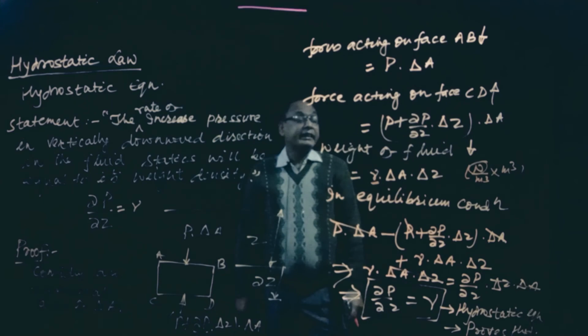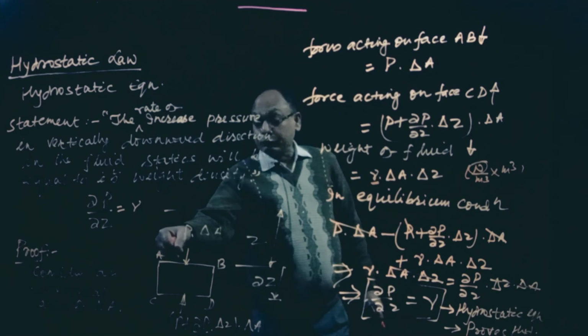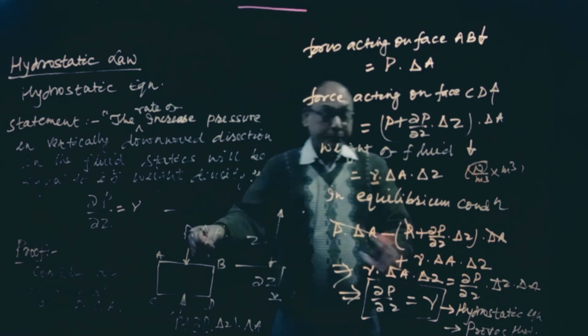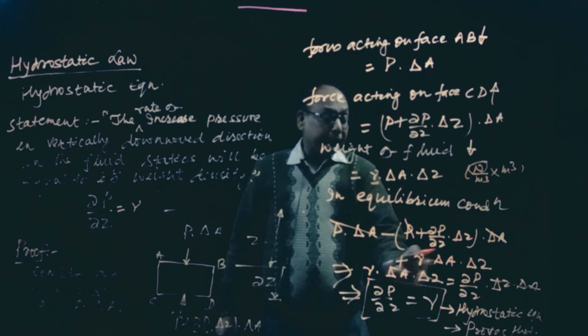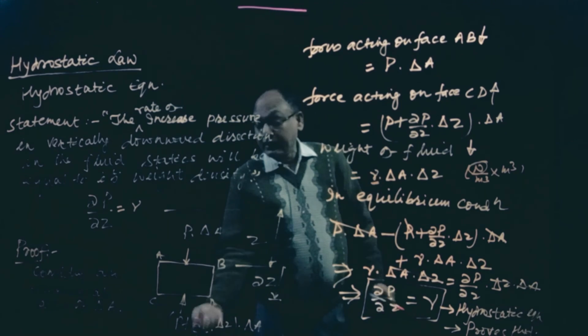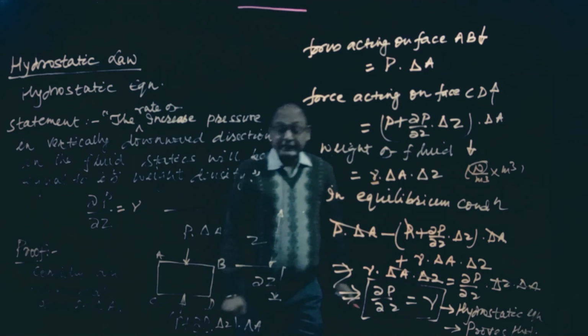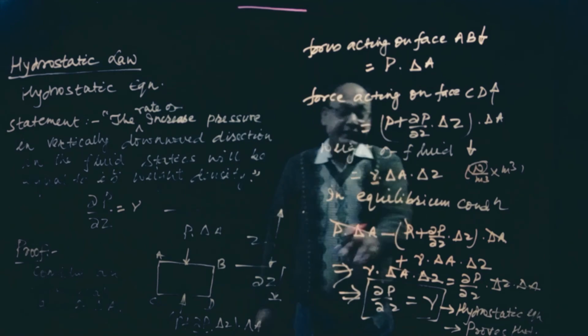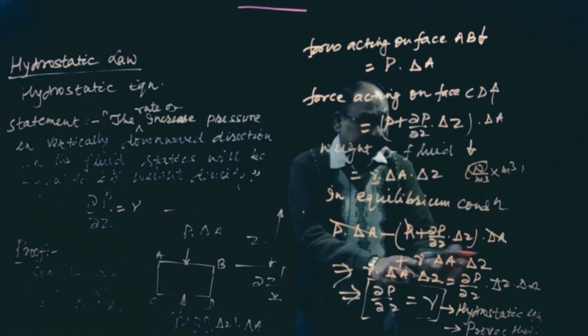Now in the equilibrium condition, what are we going to apply? In the downward direction, P into delta A plus the weight of the fluid, gamma into delta A into delta Z. In the opposite direction is P plus dP by dZ into delta Z into delta A. So P delta A gets cancelled.